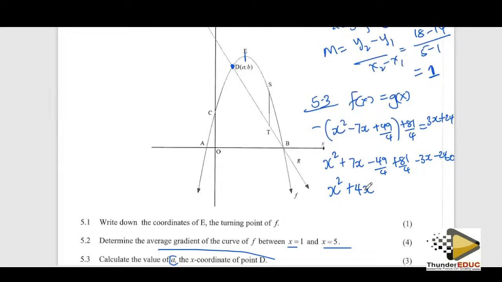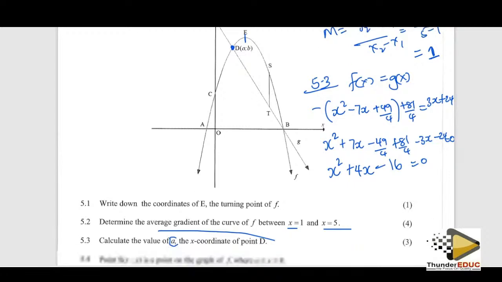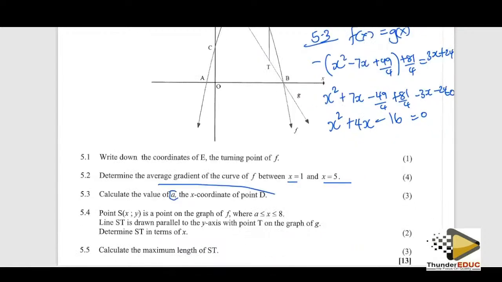Then when I simplify these others, minus 49 over 4 plus 81 over 4. Okay, and then that gives me minus 16 is equal to 0. Okay, so it's a quadratic that again I need to solve where I get two values.